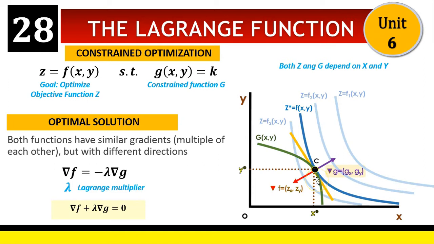Now notice something interesting. Here we have the gradient of the objective and the gradient of the restriction. If you see, they are actually very similar, and in fact, they are multiples of each other.